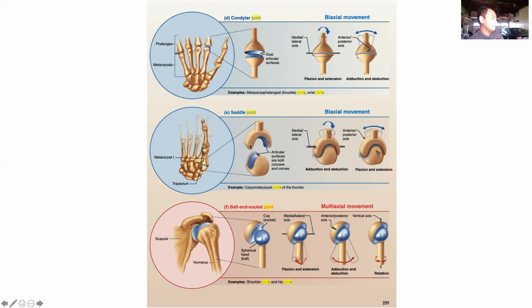So this is a saddle joint. That is in the ankle joint. The ball and socket joint is pretty common, like your shoulder joint or the hip joint.